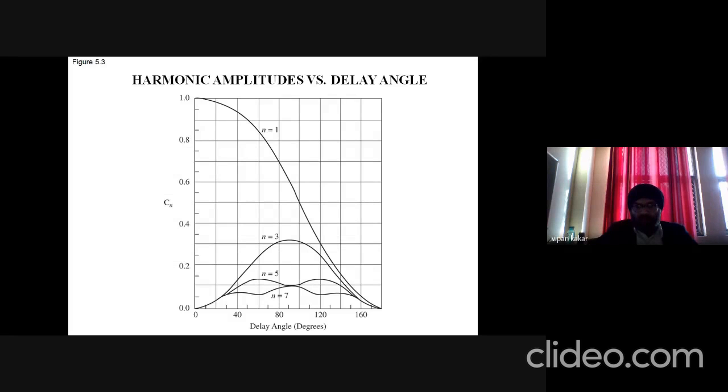These graphs show the variation of harmonic content depending upon the firing angle, delay angle alpha. This is for the fundamental component. As we increase the firing angle, the harmonic amplitude goes on decreasing.